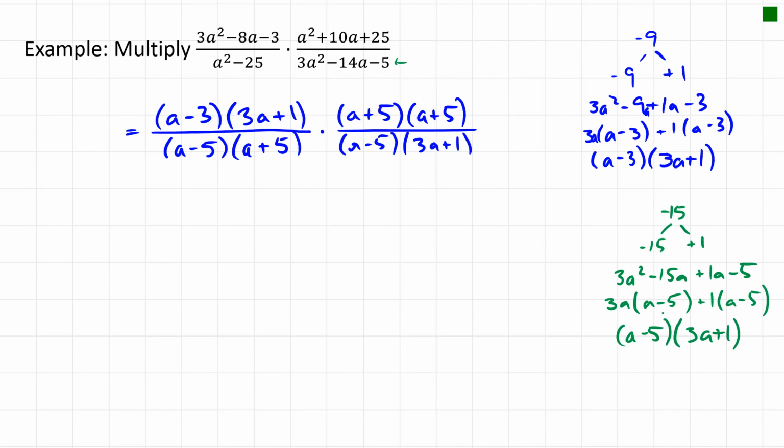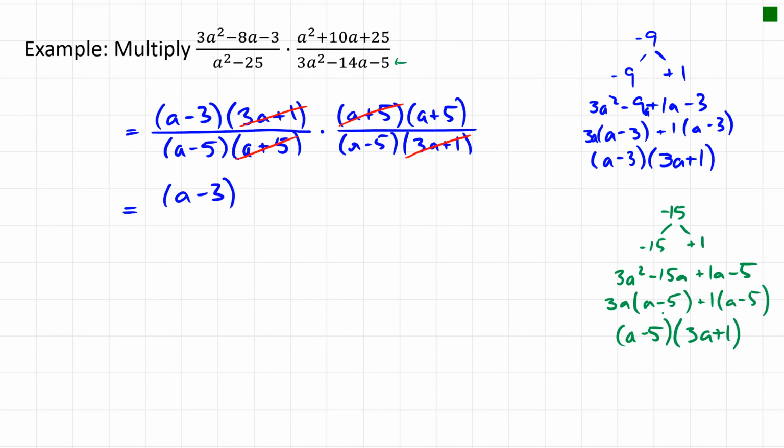Good. So let's see what happens. Let's cancel what we can. So a minus 3, does that cancel with anything? No, but 3a plus 1 does. Those cancel nicely. Then I have a plus 5 on top and bottom, and that's it. Nothing else is canceling. So I have two a minus 5s on the bottom, but no big deal there.